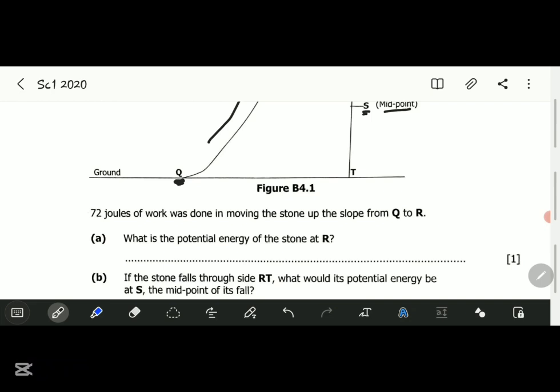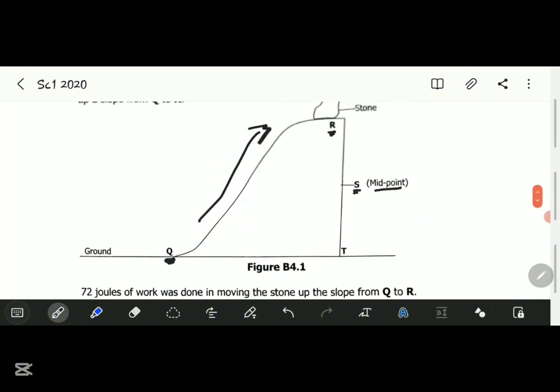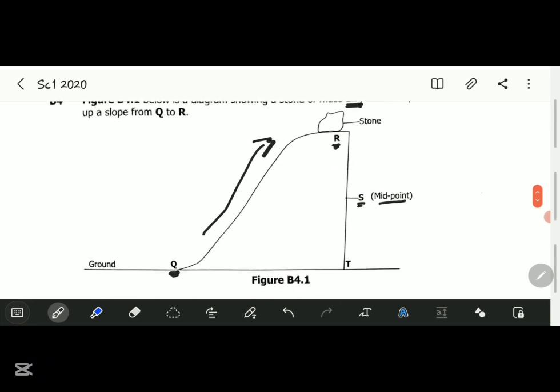Now, for this question, people may try to think too much and bring in all they can come up with.